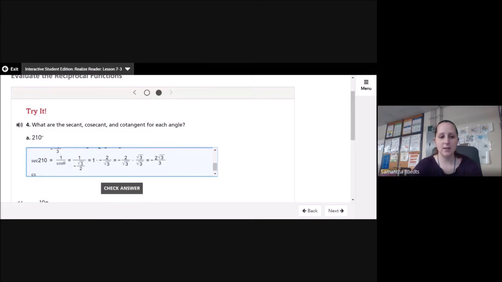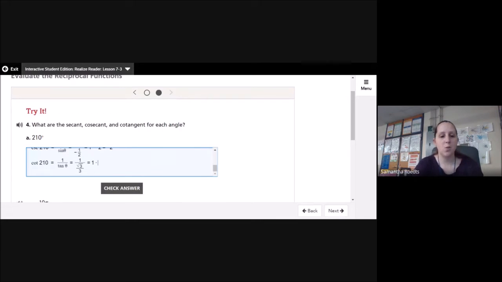My cosecant of 210 equals 1 over sine theta. So that's 1 over negative 1/2. So that's 1 times negative 2, which gives me negative 2.